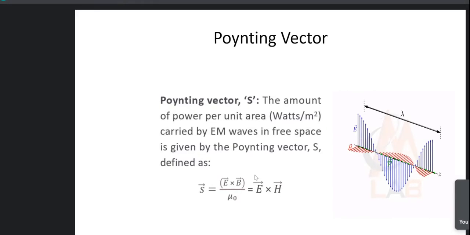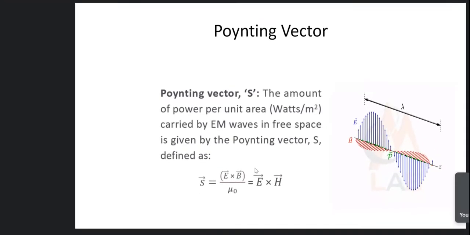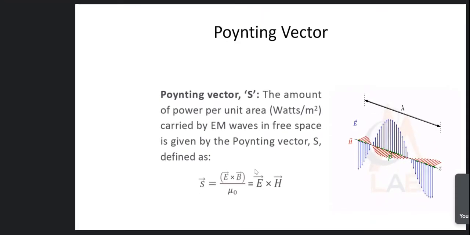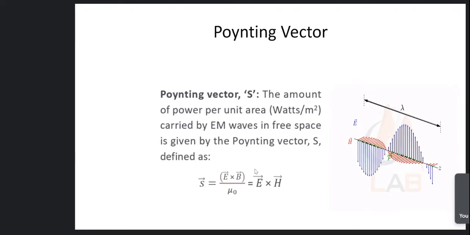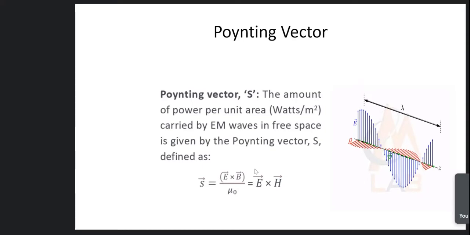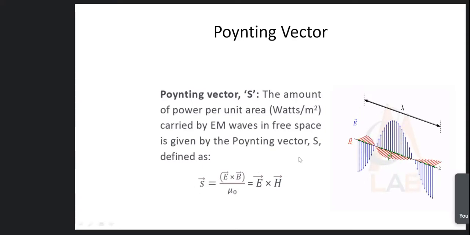So the amount of power is energy per unit time. The amount of power per unit area, meaning units will be watt per meter square, carried by an electromagnetic wave in free space is given by the Poynting vector.